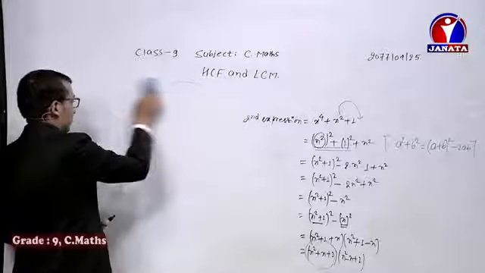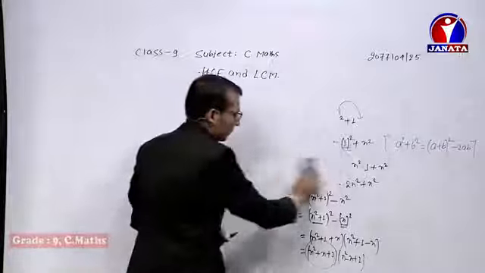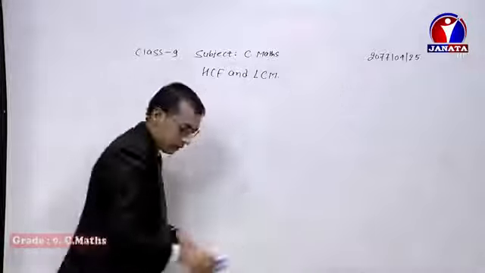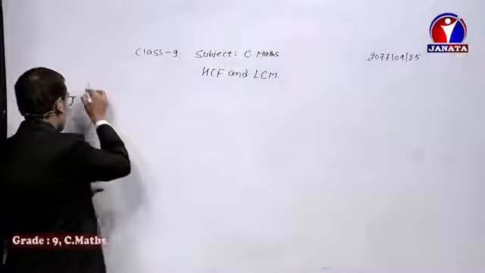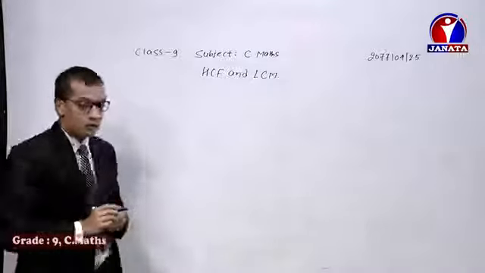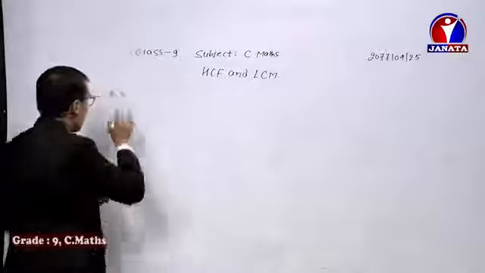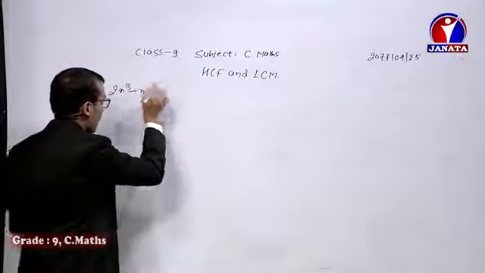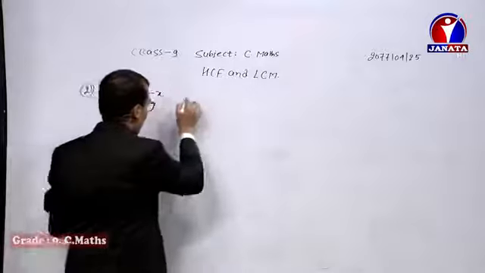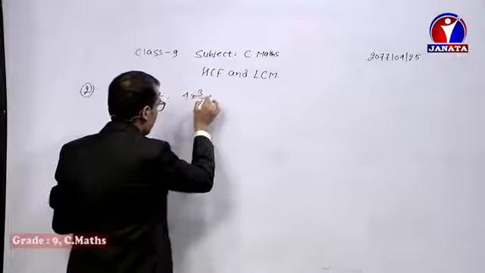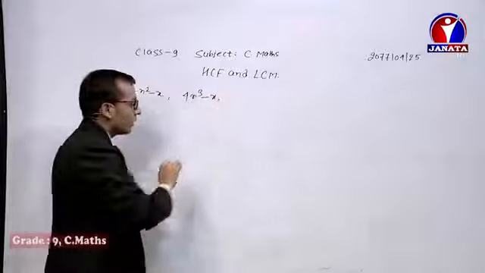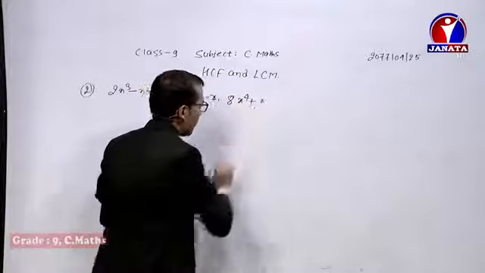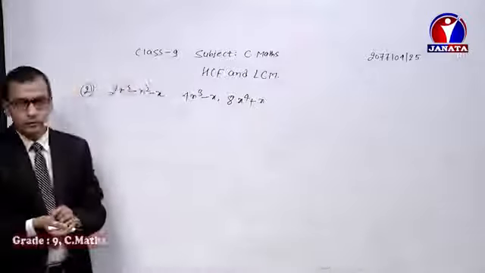Now I am taking next example of HCF and LCM. Let me take next example of HCF and LCM. It's 2x³ − x² − x, comma 4x³ − x and 8x⁴ + x.